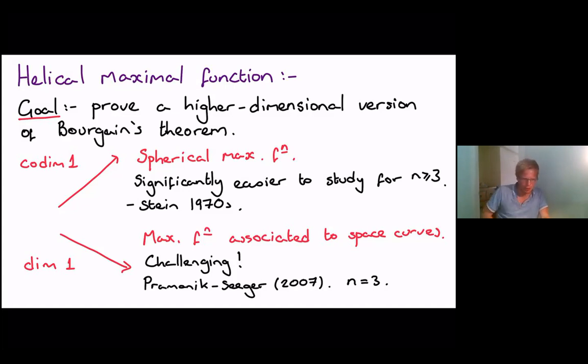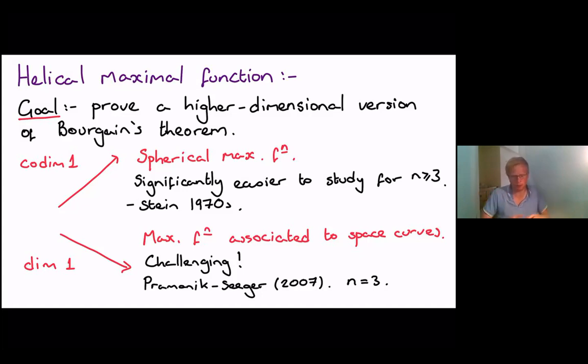Instead, we're going to go down the dimension 1 route. We're going to generalize circles in the plane to curves in high dimension, so space curves in high dimensional Euclidean spaces. It turns out that this operator is quite challenging to study, and the analysis of these operators contains as a subset all the difficulties you have when studying the circular maximal function on the plane.